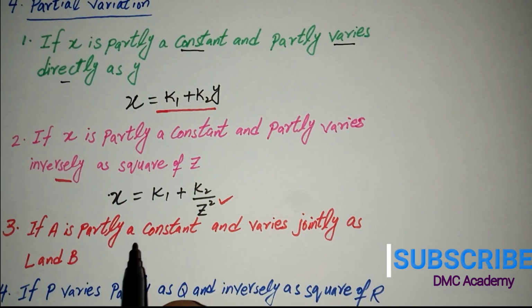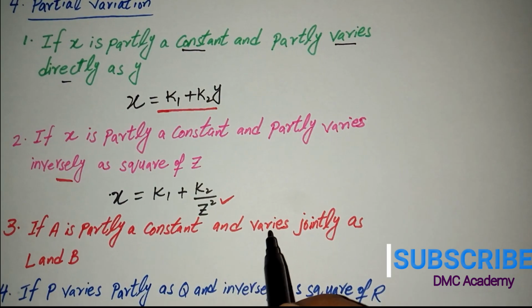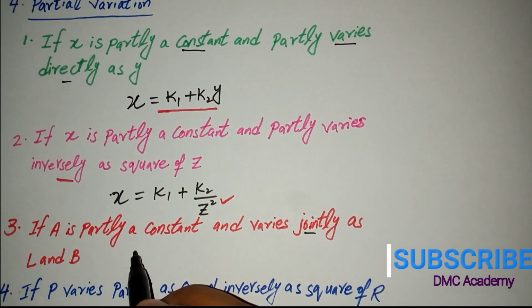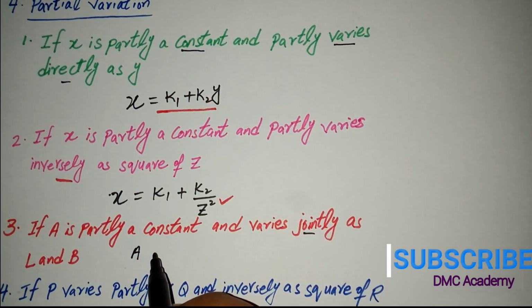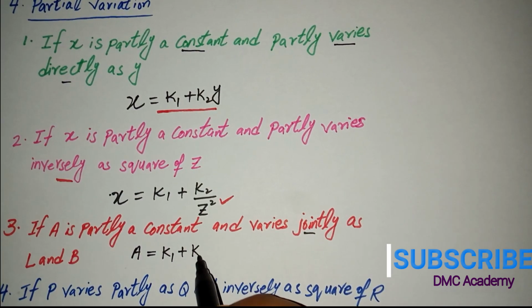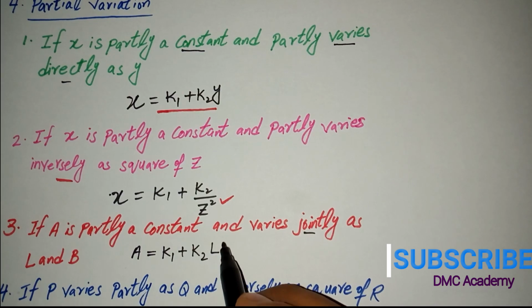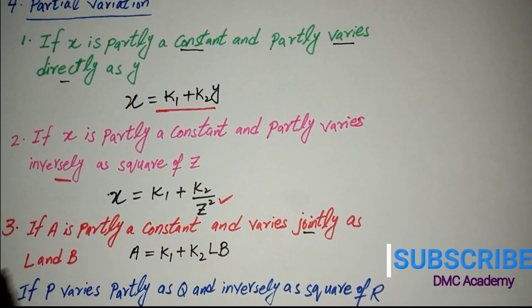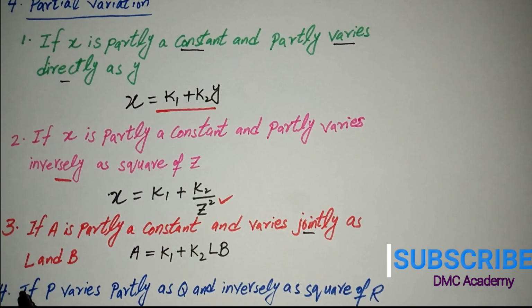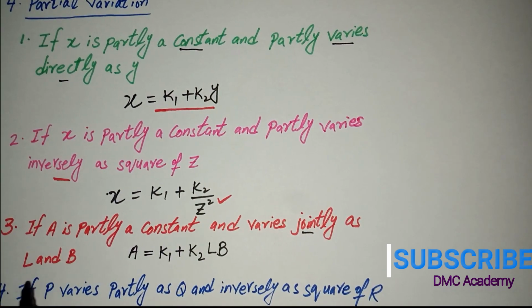If A is partly a constant and varies jointly, meaning the product, as L and B, so we will write A equals k1 plus k2 LB, because they didn't tell us whether it is directly or inversely. Whenever it is not informed to you whether it is directly or inversely, it is better you always consider it as directly.